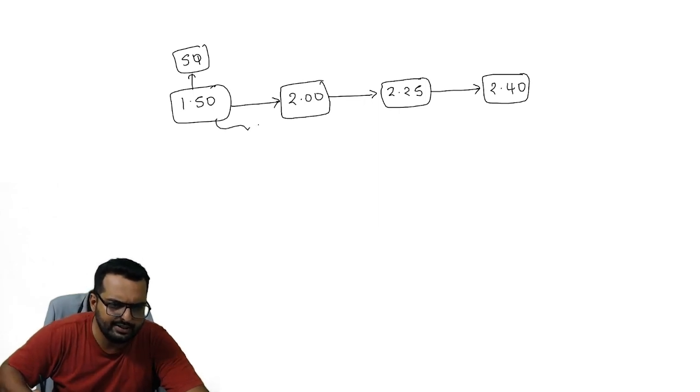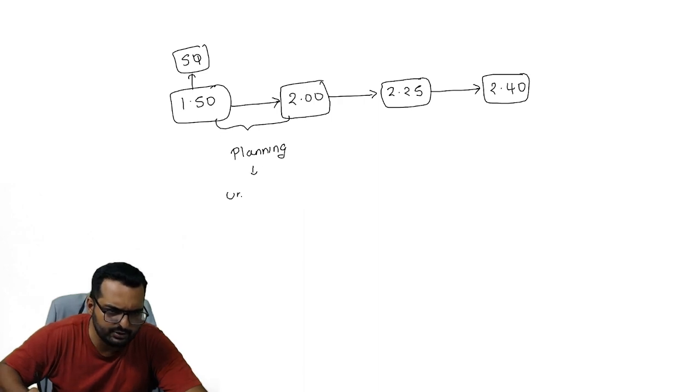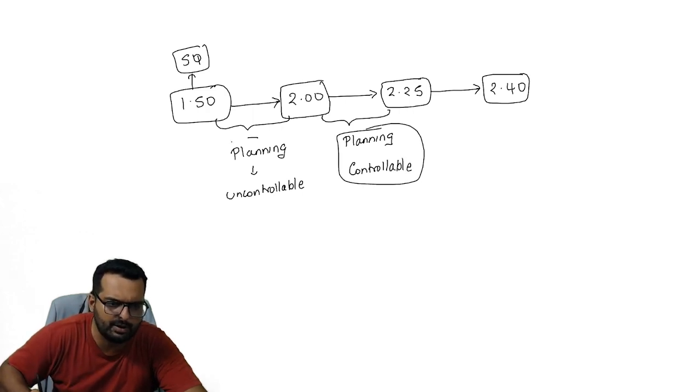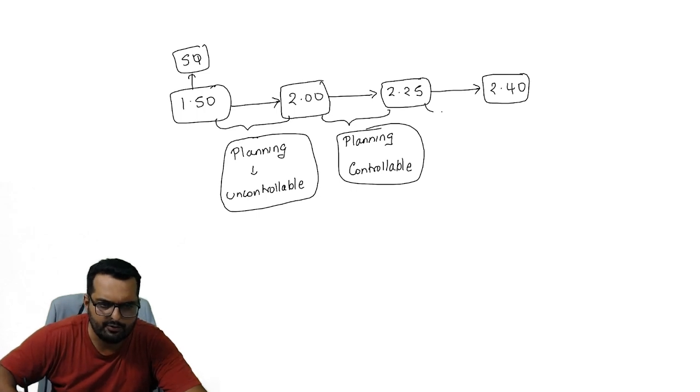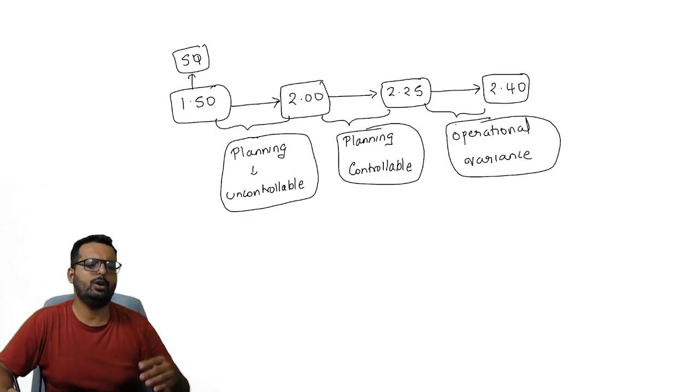So the first part, 1.5 to 2 rupees, is planning variance, which was uncontrollable. The next part is also planning variance, which was actually controllable. They could have saved this much money. From 2.25 to 2.4 is what they call operational variance. They could have controlled it by way of proper operation.